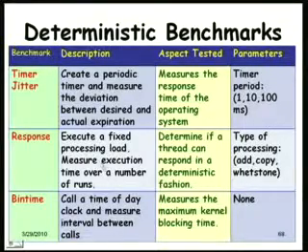See the difference between the response and the bin time: in the response we are trying to execute a user thread, but here we are executing a system call and seeing how much time it takes to report the time, and here we are measuring the maximum kernel blocking time.